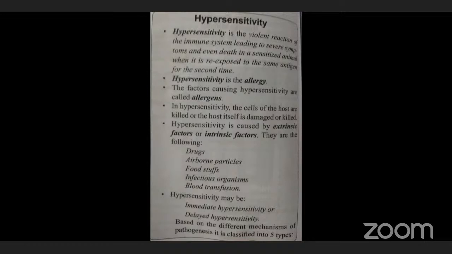That reaction mostly appears after 24 to 48 hours, mostly within 1 or 2 days. So when the allergen enters our body, it shows an allergic reaction after 1 or 2 days, which is called a delayed hypersensitivity reaction. That reaction is characterized by erythema and induration.